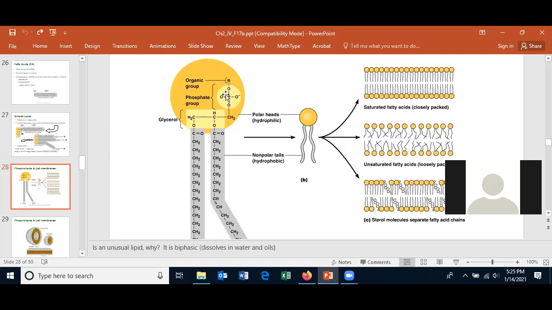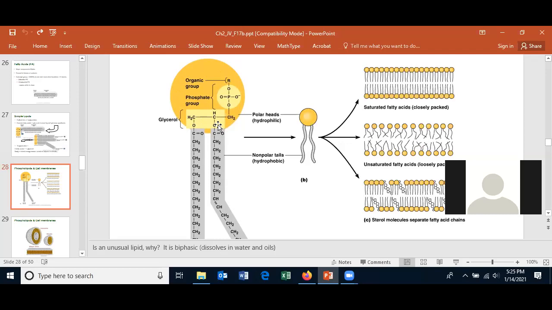That makes this molecule very different from all other lipids, because this molecule is a lipid that can dissolve in water. It also makes this entire molecule unusual because one portion of the molecule can dissolve in water, the other portion of the molecule can dissolve in lipids like oil.